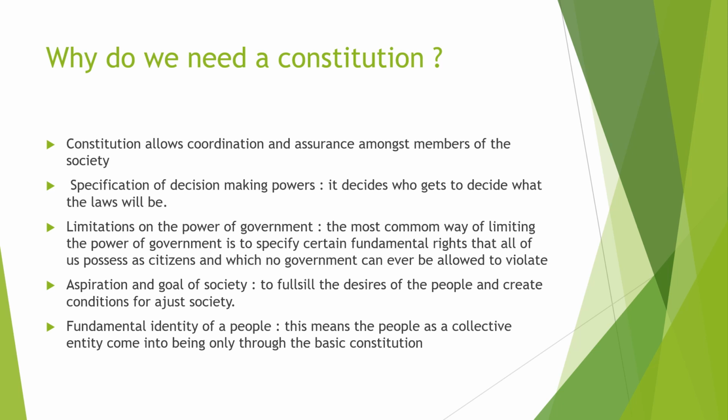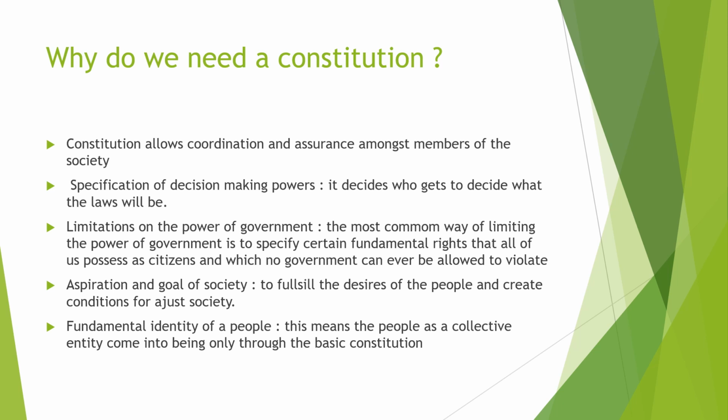These fundamental rights protect us against any kind of violation. That is why, if you read, it's written that the most common way of limiting the power of government is to specify certain fundamental rights that all of us possess as citizens and which no government can ever be allowed to violate.